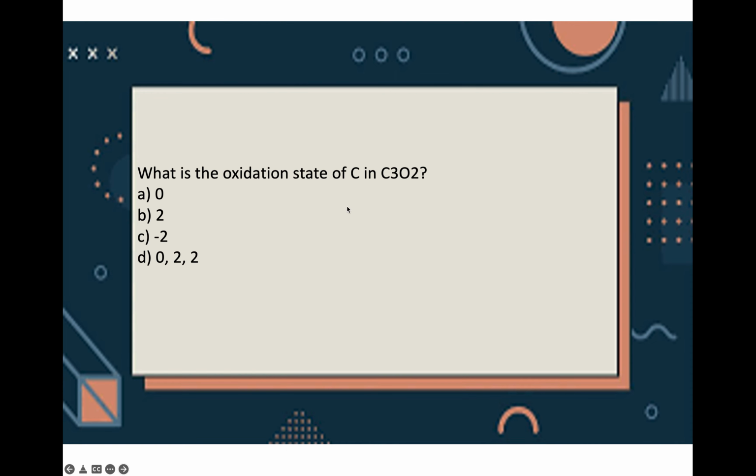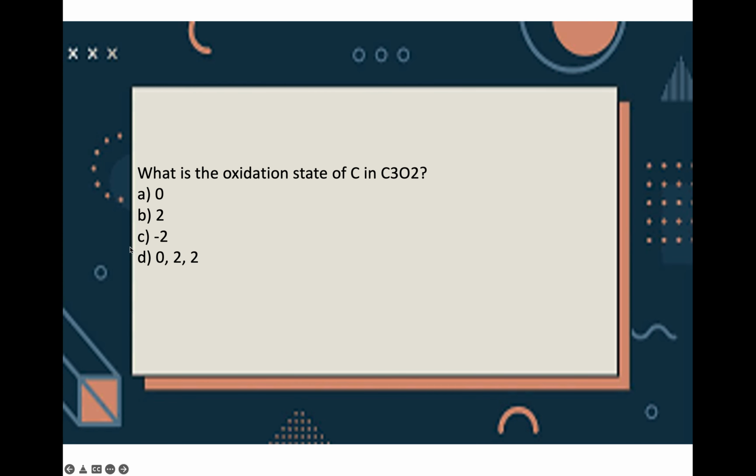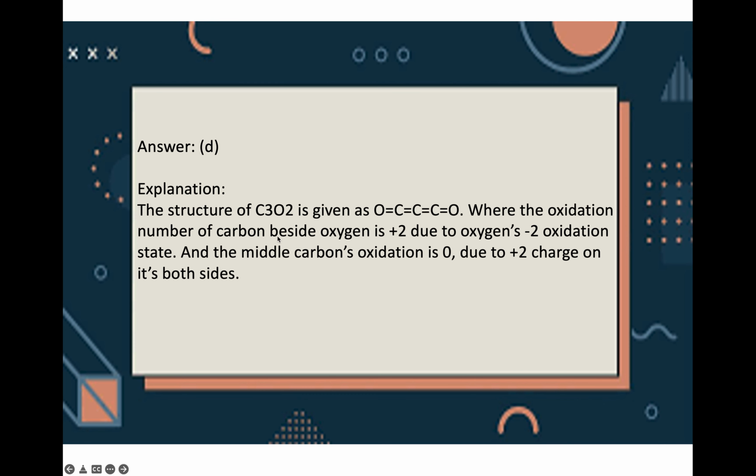Okay, what is the oxidation state of C in C3O2? Is it 0, 2, -2, or 0, 2, 2? Okay, here 0, 2, 2 is the correct option, because of the structure of C3O2. How will you write it? See, 2 oxygens are there, so write them on either side with 3 carbon atoms. All are connected with double bonds. So the oxidation number of carbon beside oxygen is +2, because oxygen has -2 oxidation state.